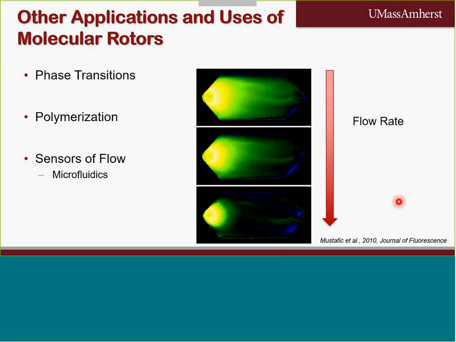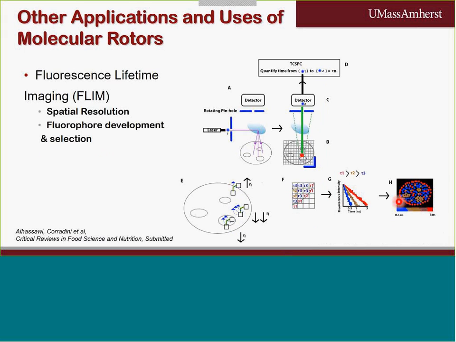Probably one of the most interesting applications currently used for molecular rotors, and one that hasn't been expanded in foods, is their application in fluorescence lifetime imaging. So this one tends to be a representation of a microscope which is equipped with a photon counting unit that allows us to measure lifetime.